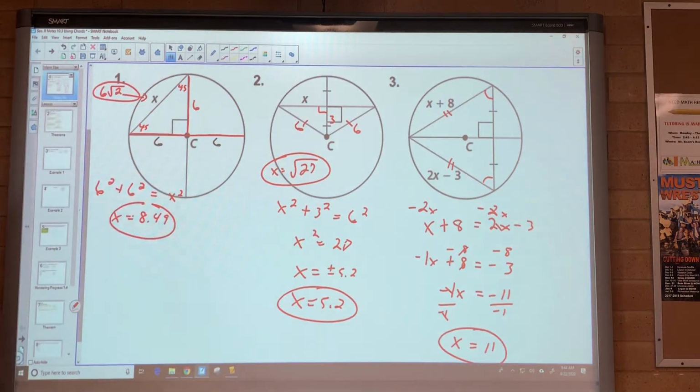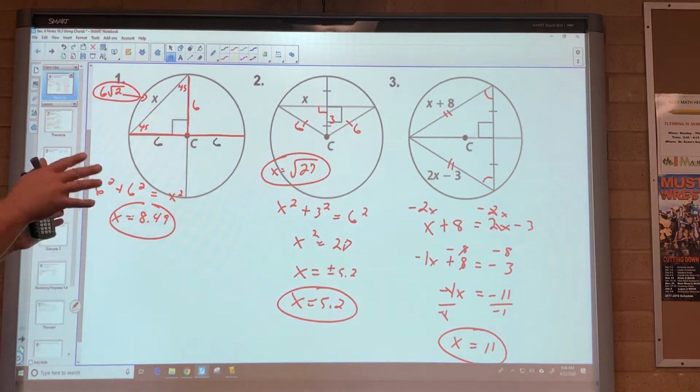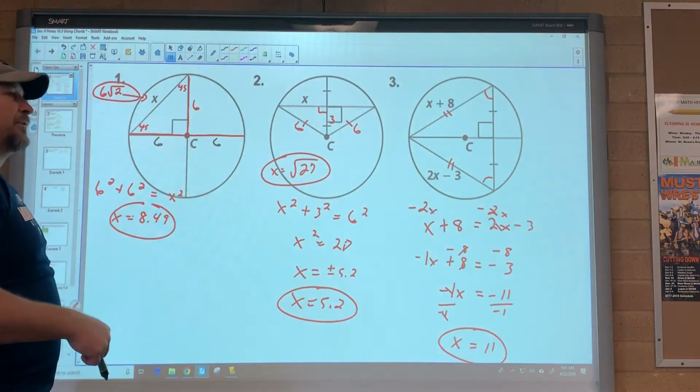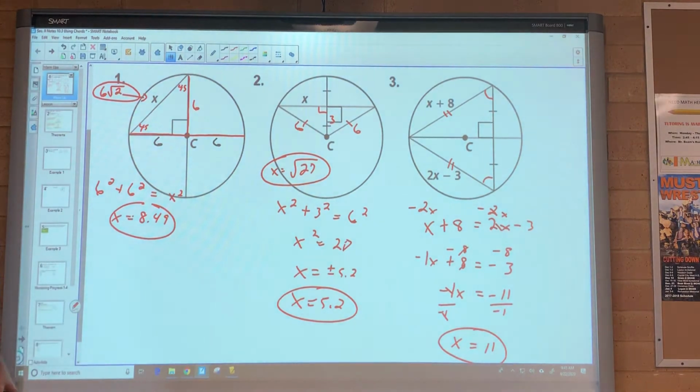Okay, so that'll help you understand a little bit about chords. Remember, we're using some of our knowledge of circles with Pythagorean's theorem, with chords, with diameters, with radiuses. You've got to be able to put it all together and pick things out.